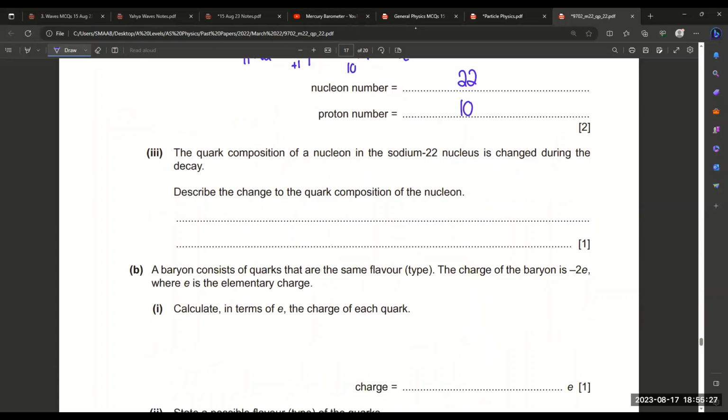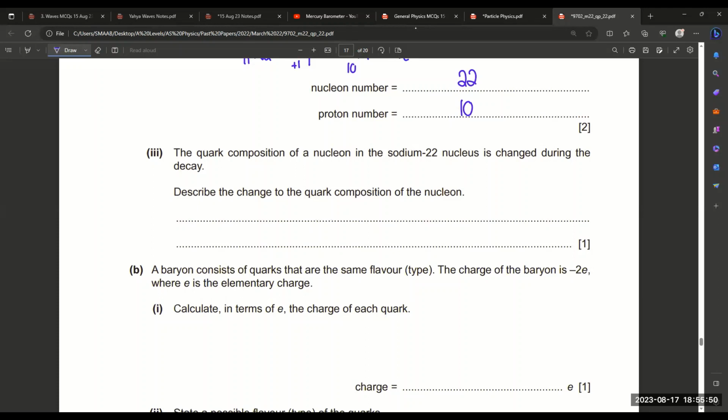The next part: the quark composition of a nucleon in the sodium 22 is changed during the decay. Describe the change to the quark composition of the nucleon. Did you get the question, what they are asking?